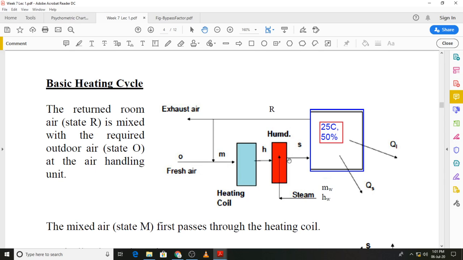You could have said that we could have then recirculated 100% of the air. Why go through an exhaust process? Now the exhaust is required because we also want to maintain the air quality.